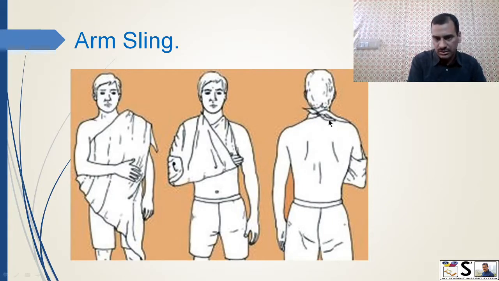Here we can put a cotton pad so that it will not hurt the skin. And then we take the point in front and pin or plaster here. So this is the way we apply an arm sling.